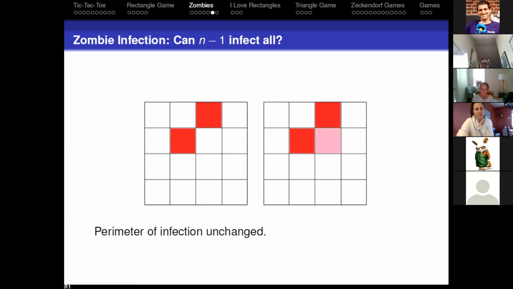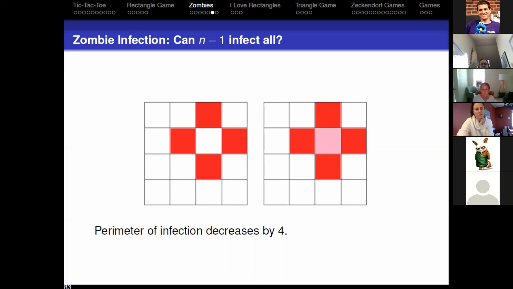We lost 2 walls, we gain 2 walls. Over here, we have 3 neighbors that are infected. We lose 3 walls and gain 1. The perimeter decreases by 2. And in this case, the perimeter decreases by 4. So the perimeter can never grow.